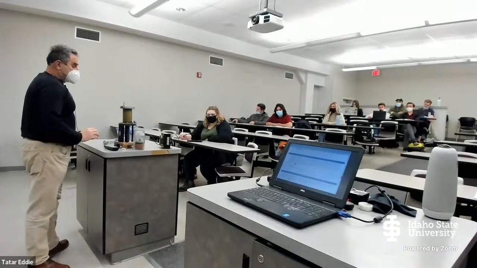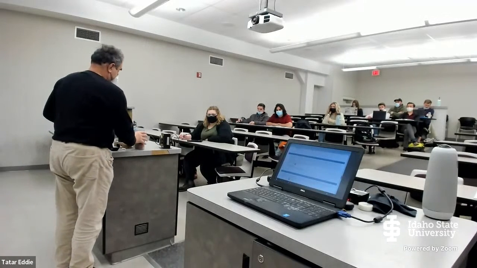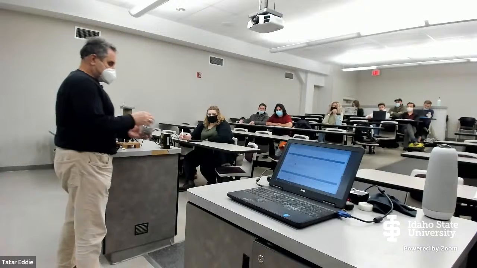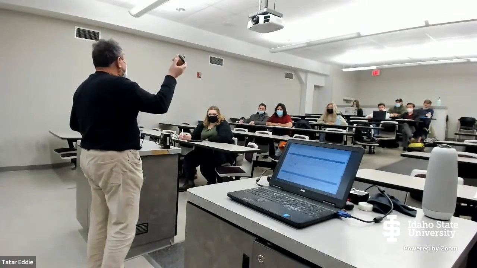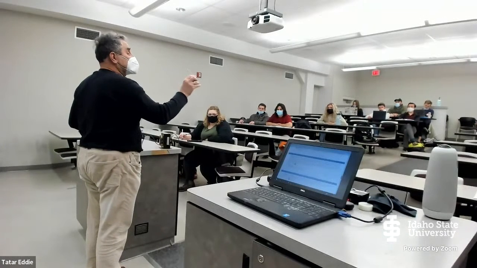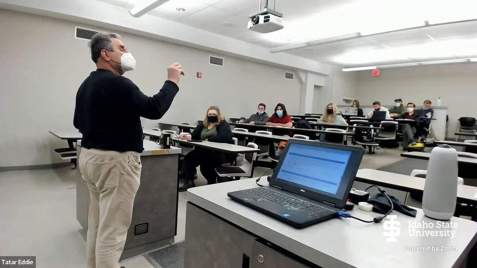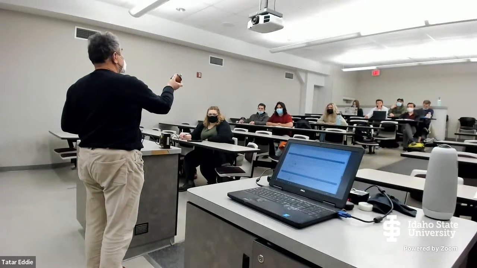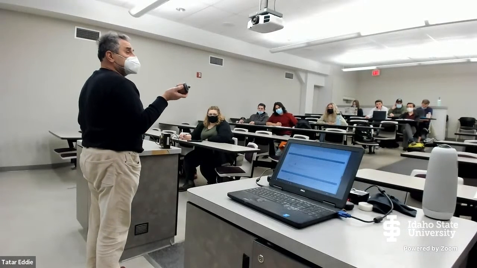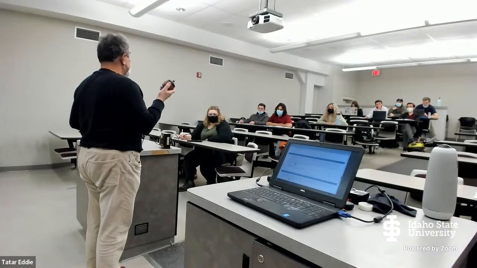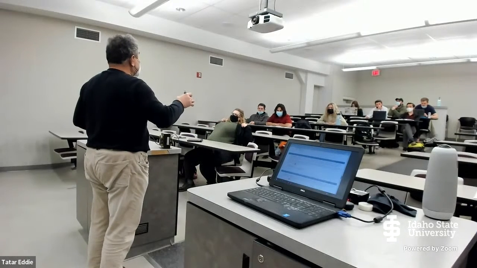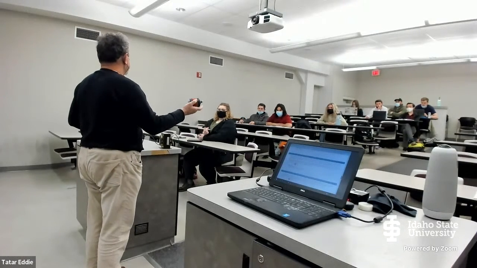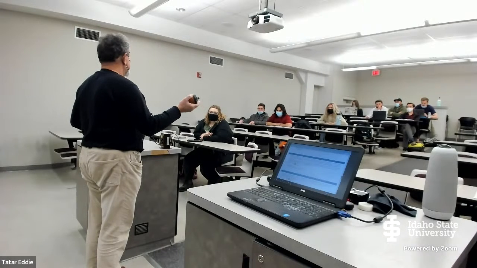A similar example is this demonstration right here. You have a secondary coil that is not energized, but it has an incandescent light bulb. Incandescent light bulbs consume quite a lot of electric power. But there is no battery inside. It is just a coil that forms a closed circuit.